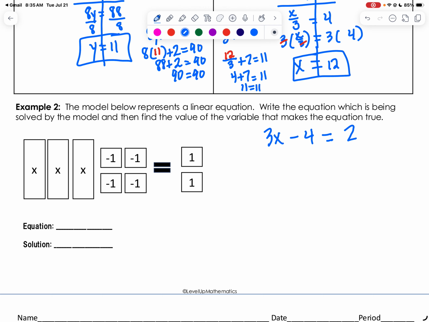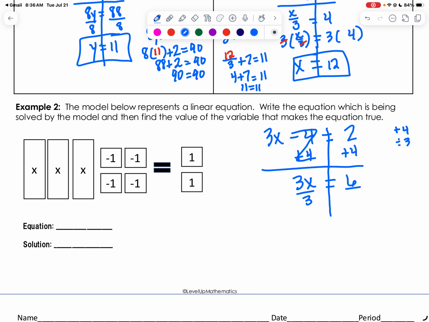So let's talk about what's being done to the variable. They're multiplying it by 3 and subtracting 4. So the opposite of that would be add 4, divide by 3. So if we add the 4, the 4's would zero out, and I would get 3x equals 6.